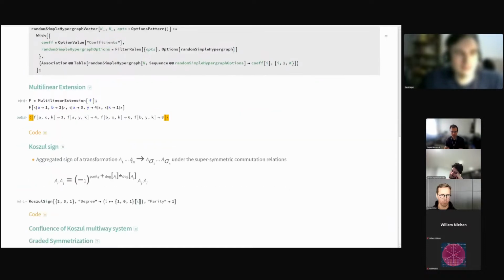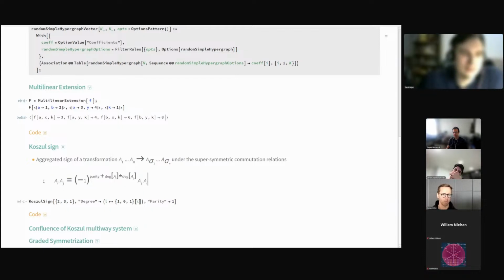Next thing I will explain is the so-called causal sign. Causal sign is defined as the aggregated sign of a transformation of symbols a1 up to an to a sigma 1 up to a sigma n, where sigma is a permutation, under the supersymmetric commutation relations.